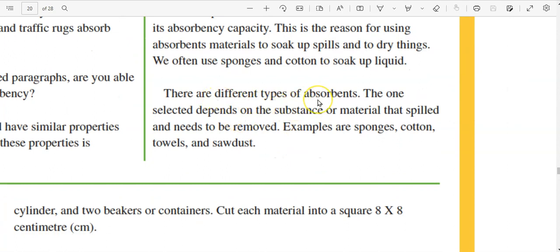There are different types of absorbents. The one selected depends on the substance or material that spilled and needs to be removed. Example, sponges and cottons, towels and sawdust. So if we have a spill at home, we can use a sponge. If we have a cut, maybe they can use cotton to dry the area.